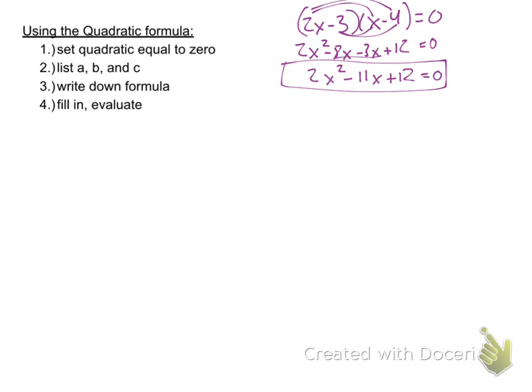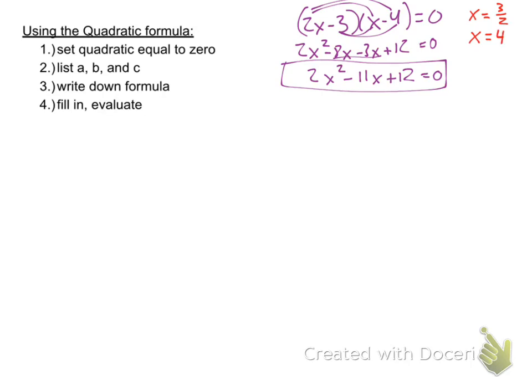If I go back all the way up to the factors here, and I set each of those factors equal to 0, I think everybody would recognize that x equals 3 halves and x equals 4.